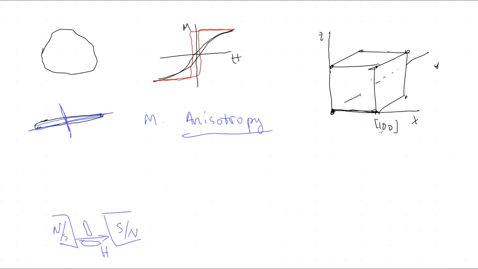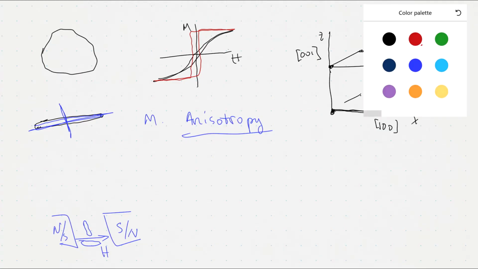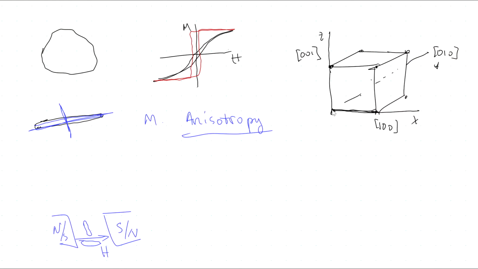That is the 1, 0, 0 direction. Correspondingly, the z-axis would be the 0, 0, 1 direction, and the y-axis would be 0, 1, 0. Now we can take a more exotic direction. Let's say we take this direction that goes through this atom, a kind of diagonal. That would be the 1, 1, 1 direction.